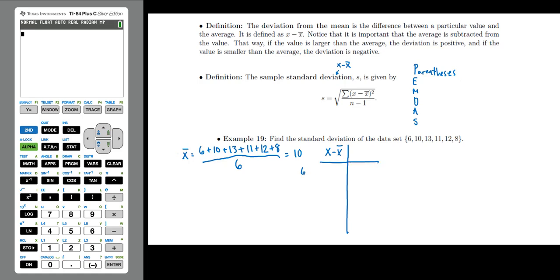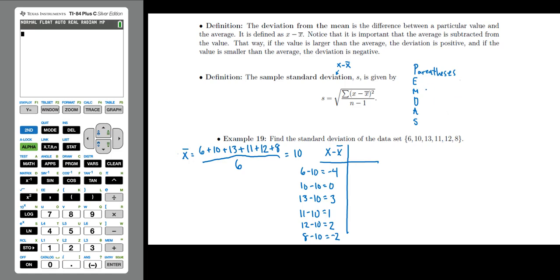So I'll start with 6 minus 10. That gives me negative 4. 10 minus 10 is 0. 13 minus 10 is 3. 11 minus 10 is 1. 12 minus 10 is 2. And then finally 8 minus 10 is negative 2.